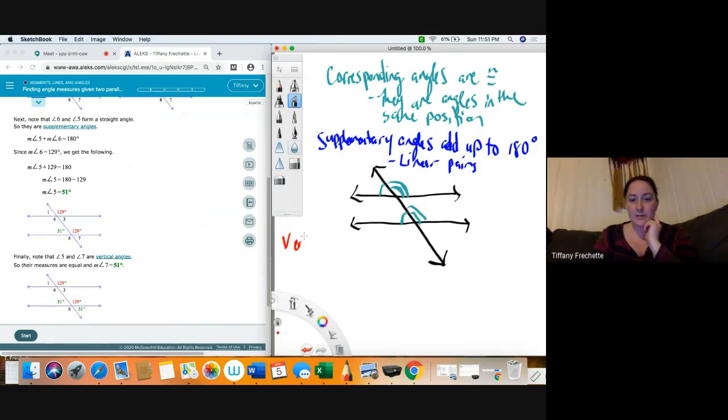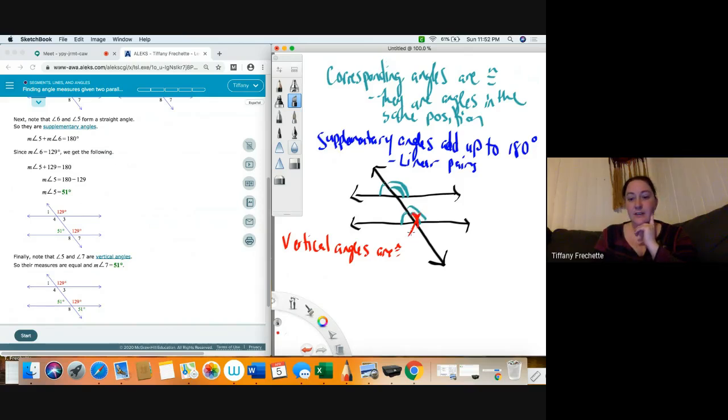We also have vertical angles. And vertical angles and supplementary angles are not specific to parallel lines. Corresponding angles need parallel lines in order to be congruent. So vertical angles are congruent, and they're across the vertex from each other like this.